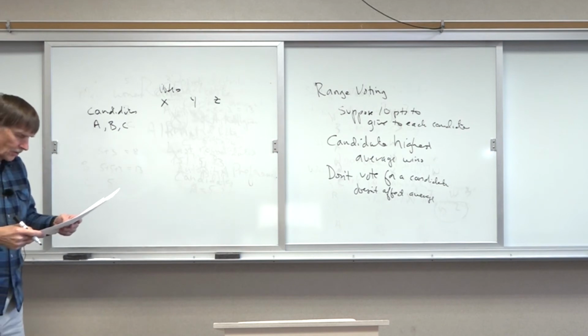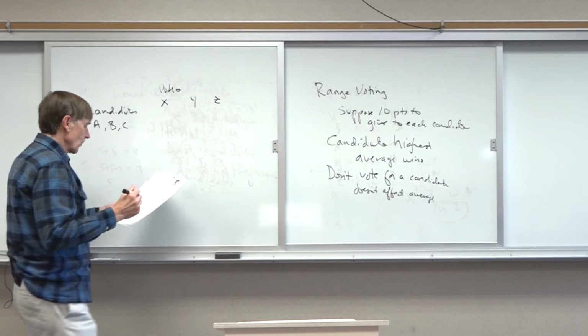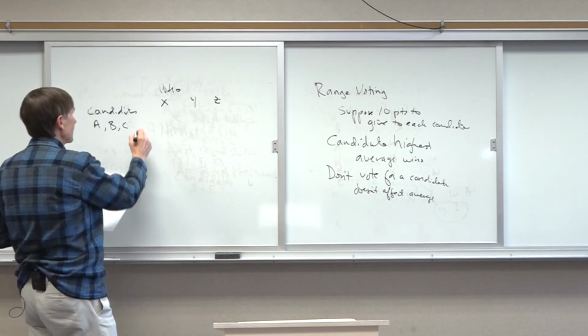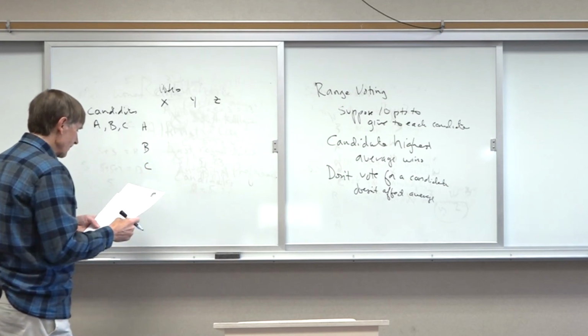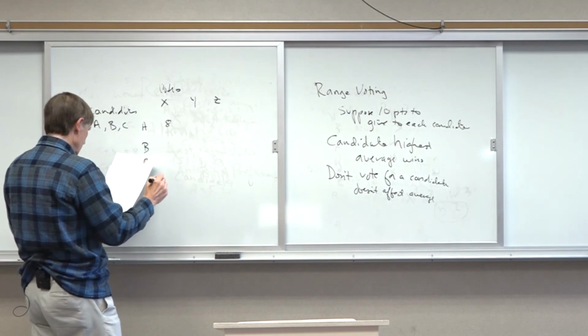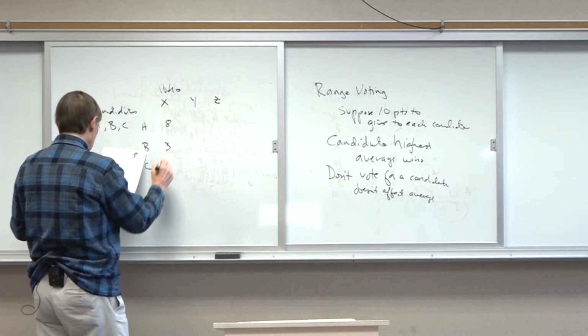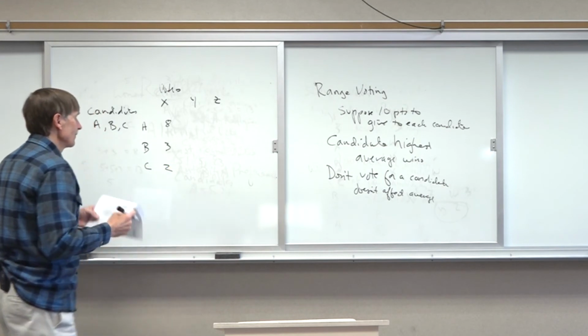And so we do the following. Suppose that voter number X gives, and so we'll have candidates A, B, and C like this. And voter number X gives A 8, then gives B 3, and gives C 2. Okay.